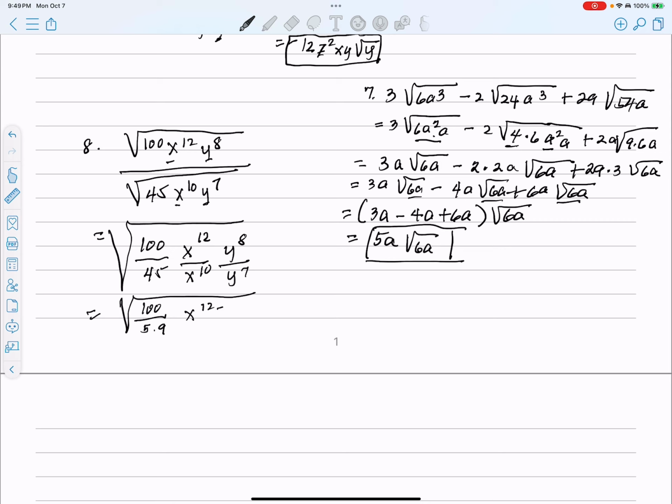That's the quotient rule. So quotient rule, 8 minus 7, right? So 100 by 5, that's my purpose of doing it. That is 20, and we have the square root of 9. I will get the square root later on.